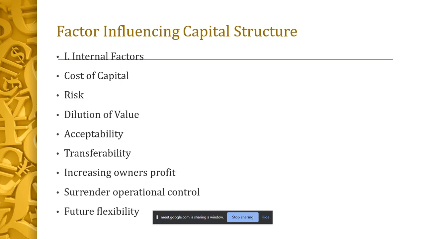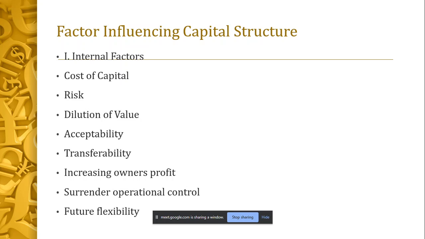The next one is future flexibility. Whenever we have equity, it is not that whatever profit we have, we should give it to the equity shareholders.